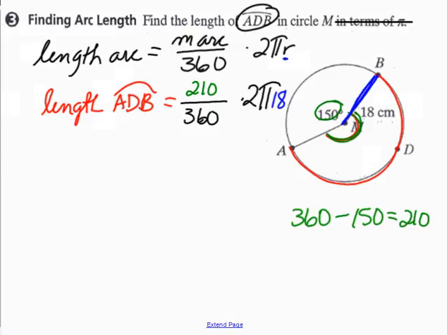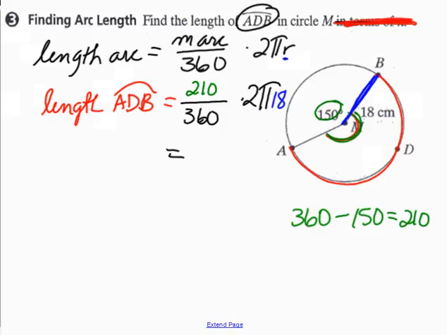All right. Now, once you type that all into your calculator, what are you going to get? On your note sheet, it doesn't have this crossed out. It does here. Look up here. We're not going to do it in terms of pi. So when you type that all in, you get 65.9734, and so on.